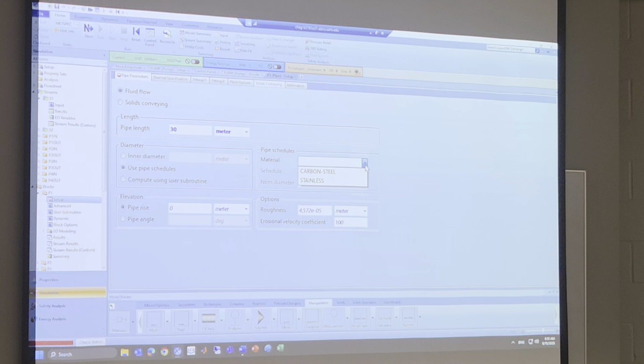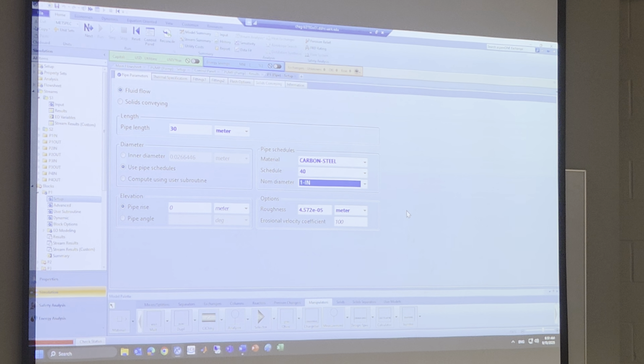For material, there are two options, carbon steel or stainless steel. We are dealing with water, so carbon steel is cheaper. Carbon steel is perfectly okay for water. Carbon steel, schedule 40, nominal diameter 1 inch.